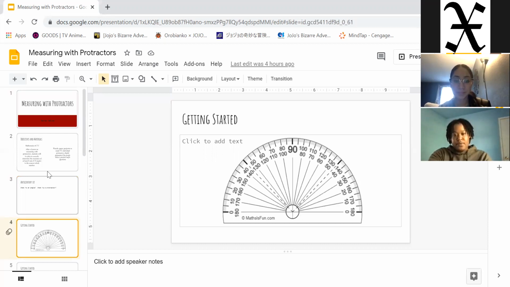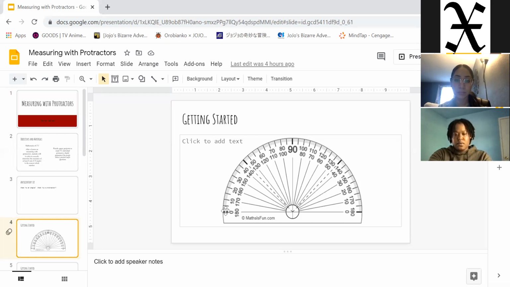Let's look at the left side right here. You see the zero? Yes. Jasmine, you see it too. Yes, I see it. So it's going up all the way to 180. See, it counts by tens, 10, 20, 30, 40, all the way up to 90, and then the 100 all the way up to 180.